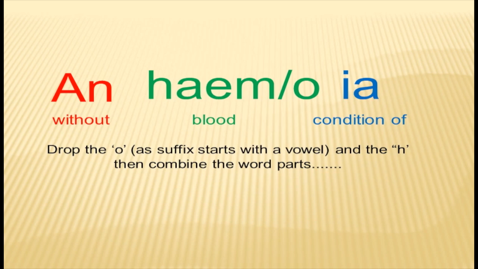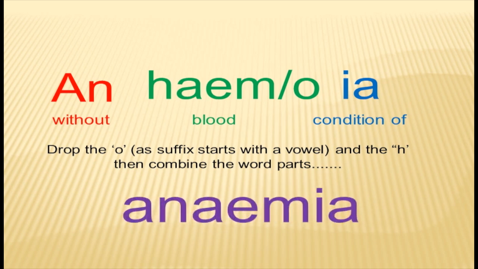One further rule we have to apply, as well as dropping the O, when the root word begins with an H, as in this instance, we drop the H also. So the word becomes anemia, a word you'd all recognise, not probably thinking that it's actually three word parts put together. So anemia means the condition of being without blood, though in real terms it means the condition of being without hemoglobin in the blood.